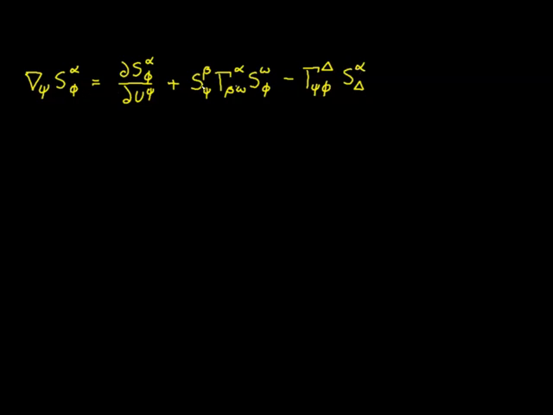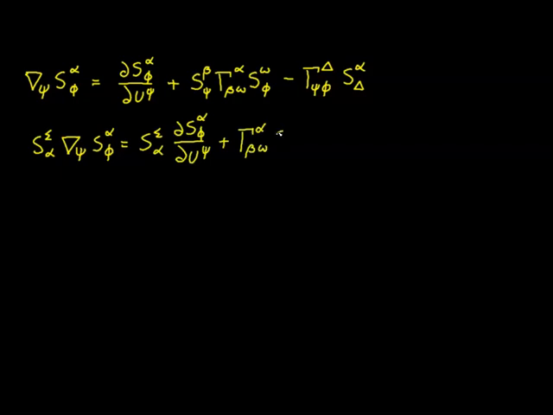So this is the full expansion of the covariant derivative of this object. So what we'll do now is to multiply through by S sigma alpha. So all I've done here, other than rearrange the terms a little bit, is to multiply it through by this term on both sides of the expression.